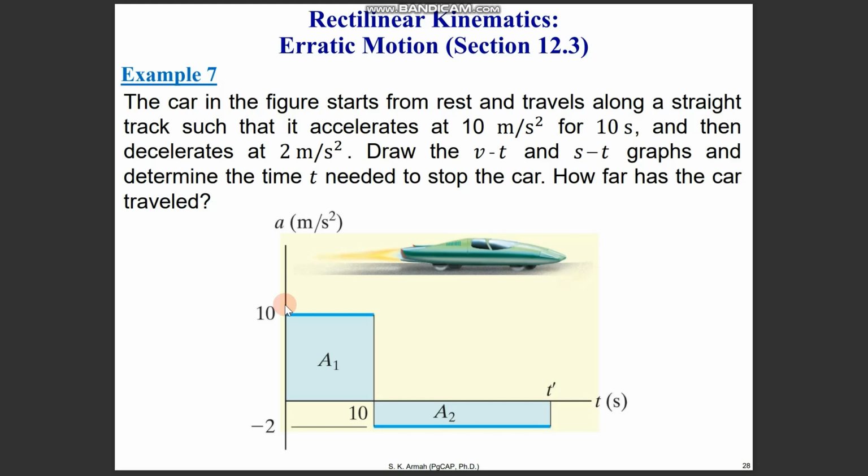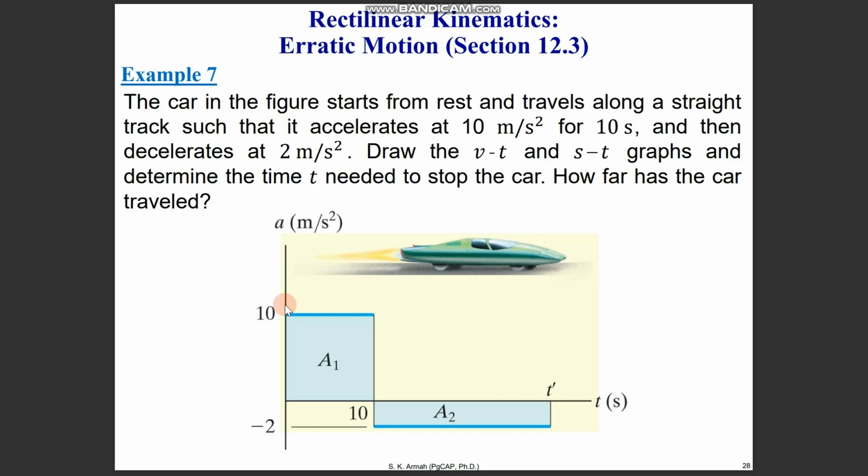So you can do a is equal to dv over dt, and then 10 dt is equal to dv. The velocity will go from 0 to v, and the time will go from 0 to t. Then you should get v equal to 10t. From here you can find the initial and the final velocity for the first part, the one having the 10 acceleration.